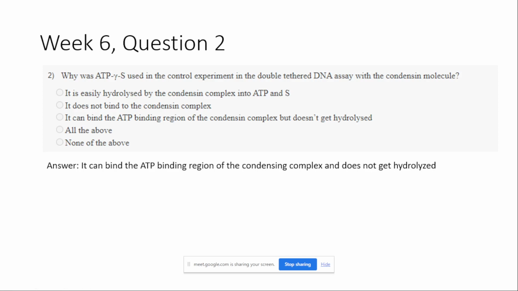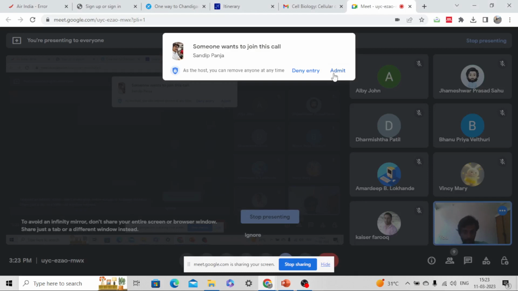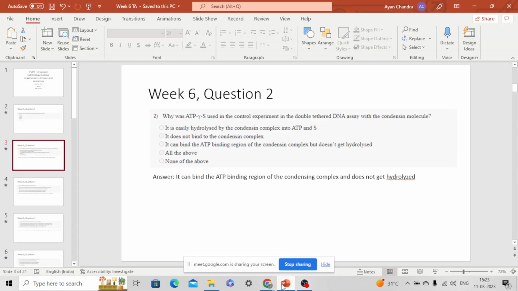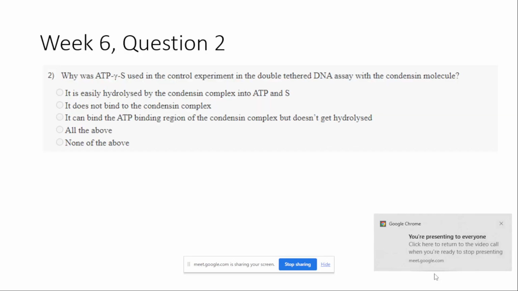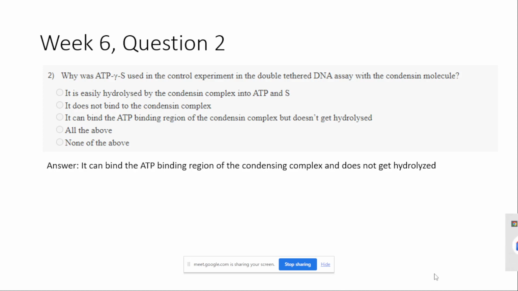Is it clear, or do you have any doubt? Any doubt you have, please let me know. Is it clear what ATP gamma S is? Okay, can anyone of you explain why this non-hydrolyzable ATP was used instead of normal ATP?